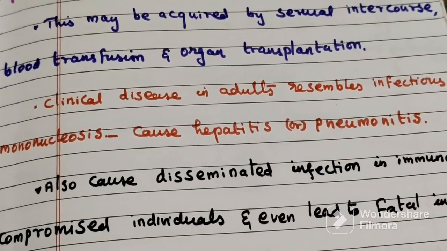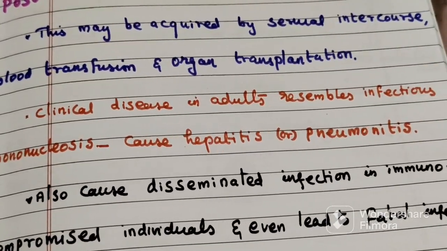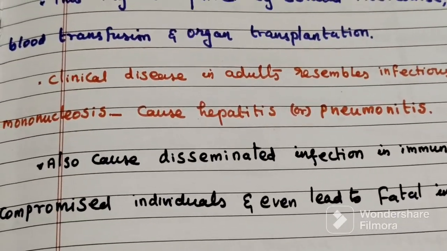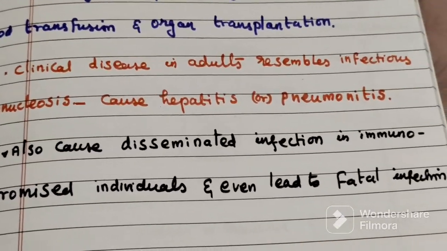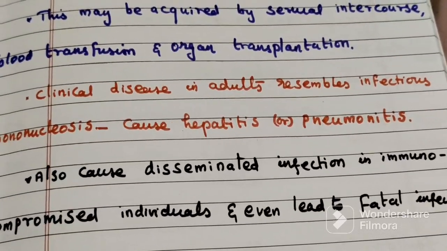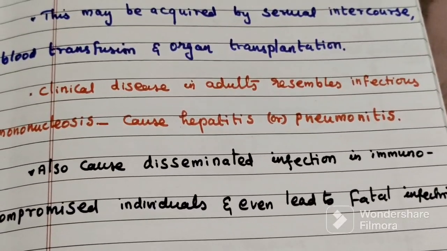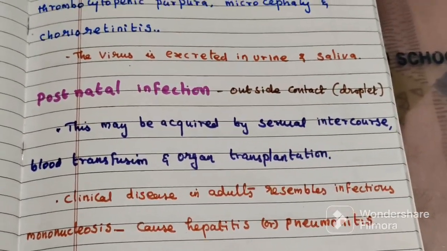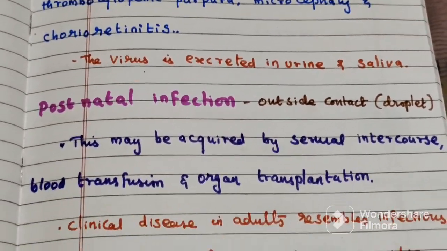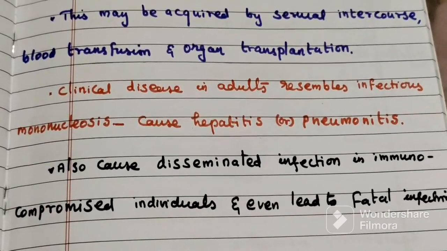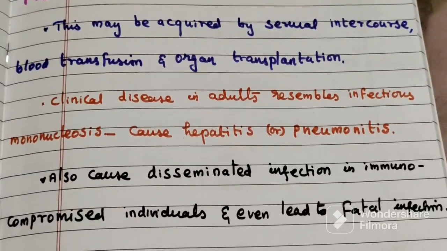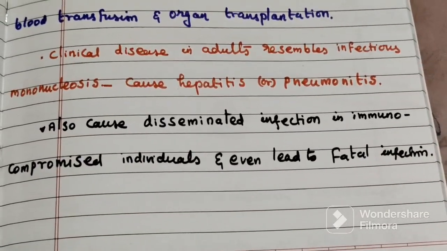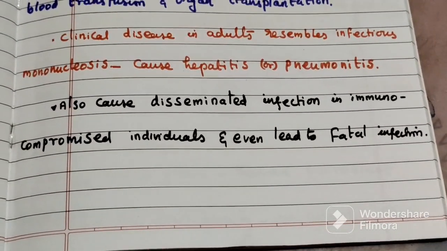It also causes disseminated infection in immunocompromised individuals. What does disseminated infection mean? Spreading to all organs. So it leads to multi-organ failure in HIV patients, and can even lead to fatal infection. Finally, it causes death.